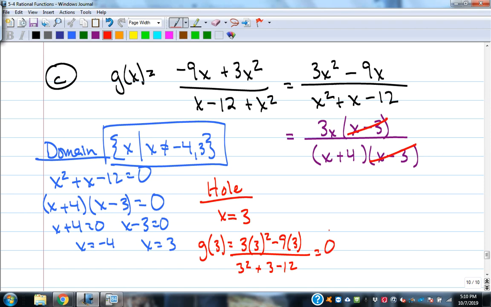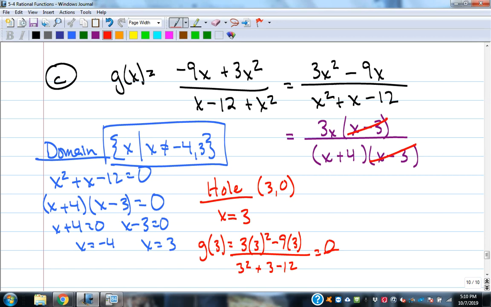And if it's 0 on the numerator, I know the denominator doesn't matter. What number's down there? 0 divided by anything is always 0. So I've got a hole at the ordered pair 3, 0. Is that right? I do that right? 3 squared is 9. 9 times 3 is 27. So 27 minus 27. Yeah, that's right. Okay. Hole at 3, 0.